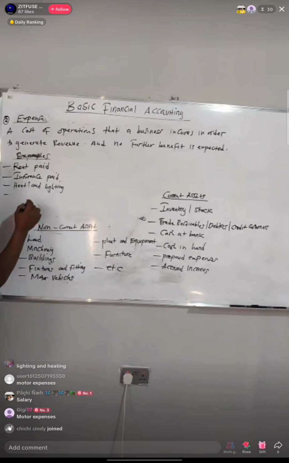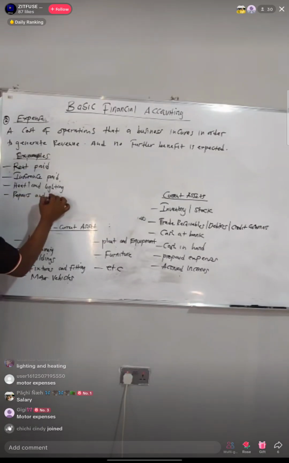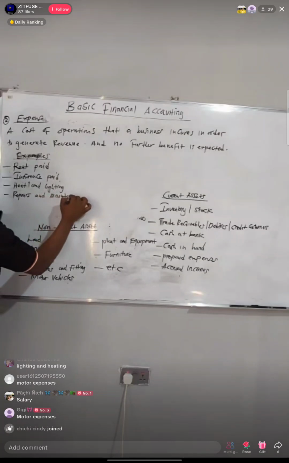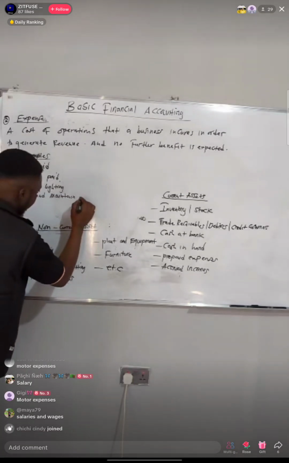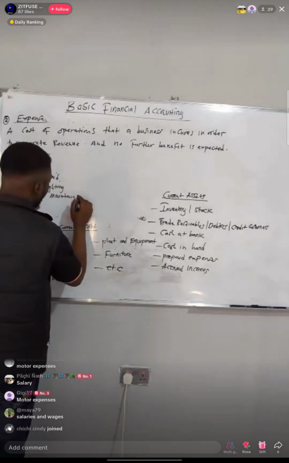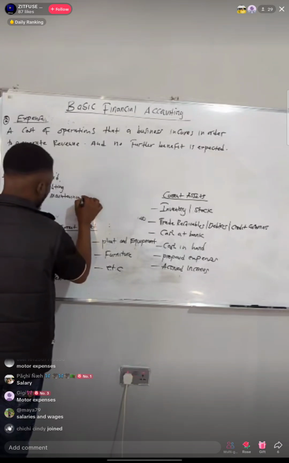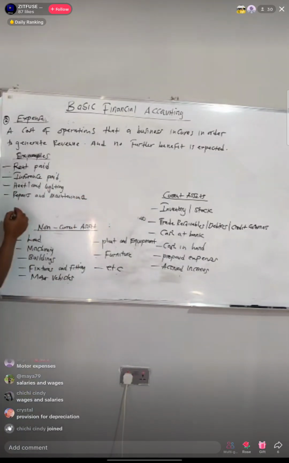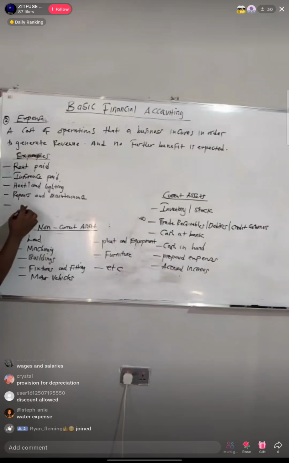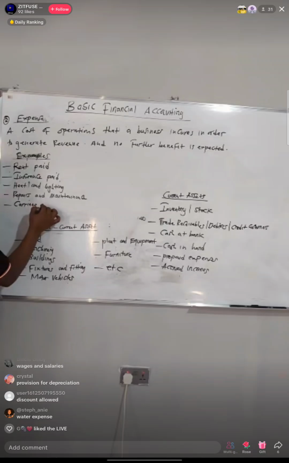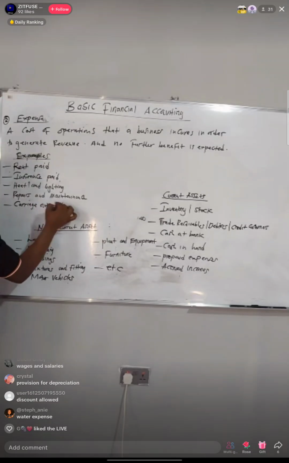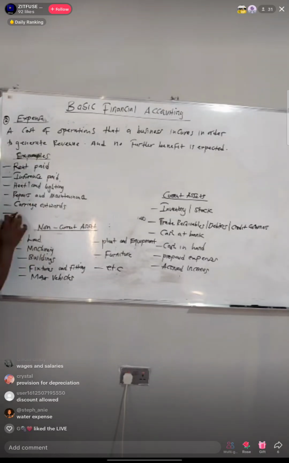Motor expenses. Yes, which can also be put under repairs and maintenance. So we can talk about repairs and maintenance. And then you can also put carriage outwards. You can also put depreciation here.